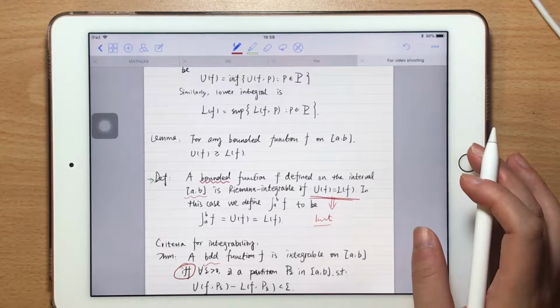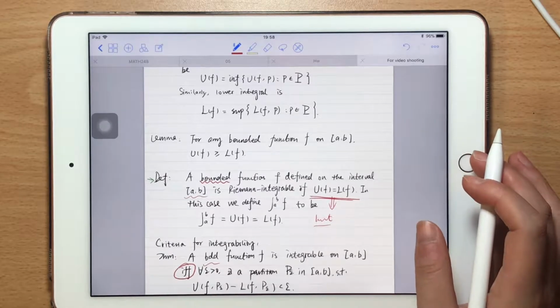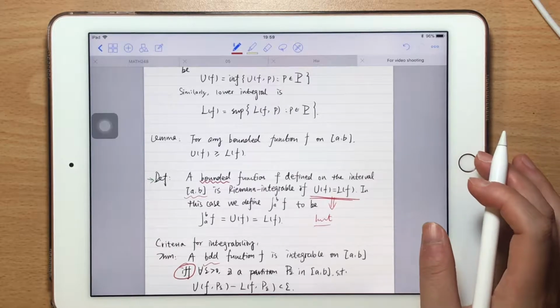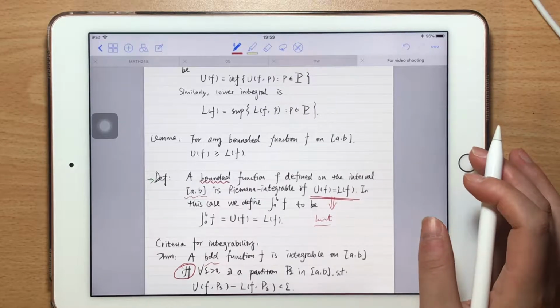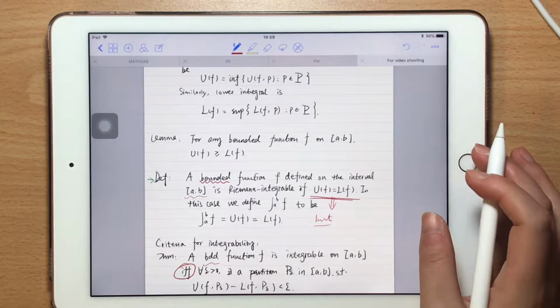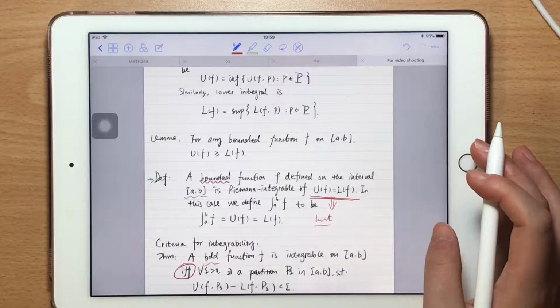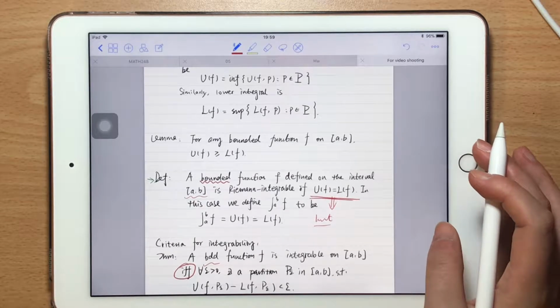Upper sum and lower sum are related to the way you partition the interval. The upper integral and lower integral are taking the infimum and supremum over all the partitions that you can get in a given interval AB.